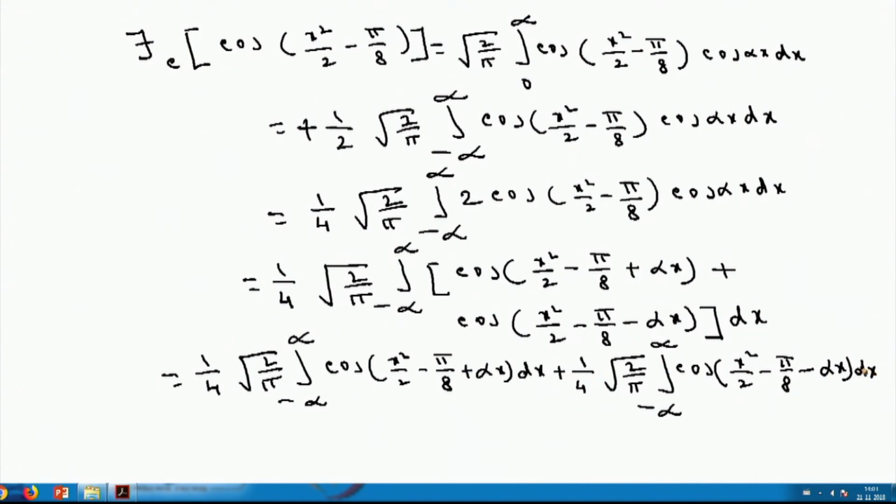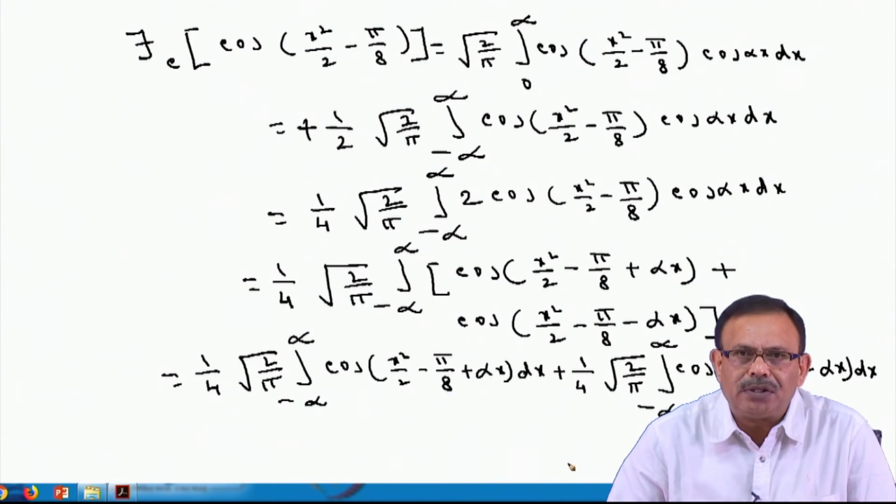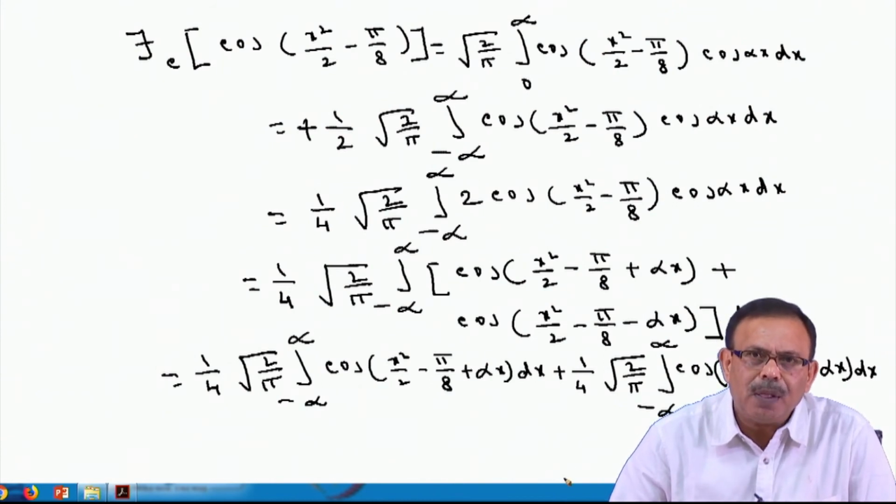Why I am breaking it into 2 integrals is because, if you see the second integral, if you put x equals say minus z, then it will be the same as the first integral. Please check this: in the second integral, if I substitute x equals minus z, then I will get back the first integral, or in other words the 2 integrals can be combined into a single integral.